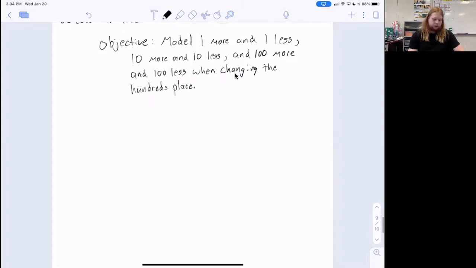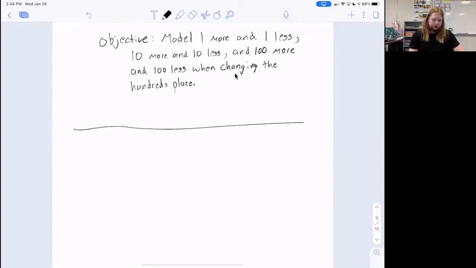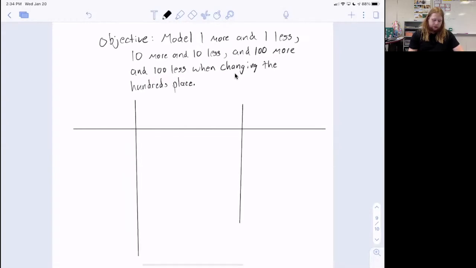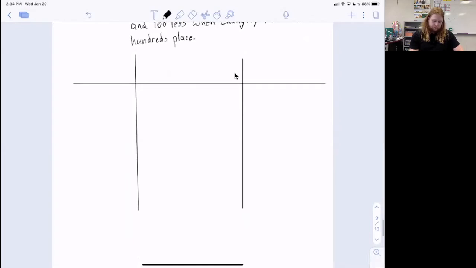So I'm going to start with a number and we're going to discuss what we need to change for certain parts of the number. So we're going to look at the number 503. So we have our 100s, our tens, and our ones.